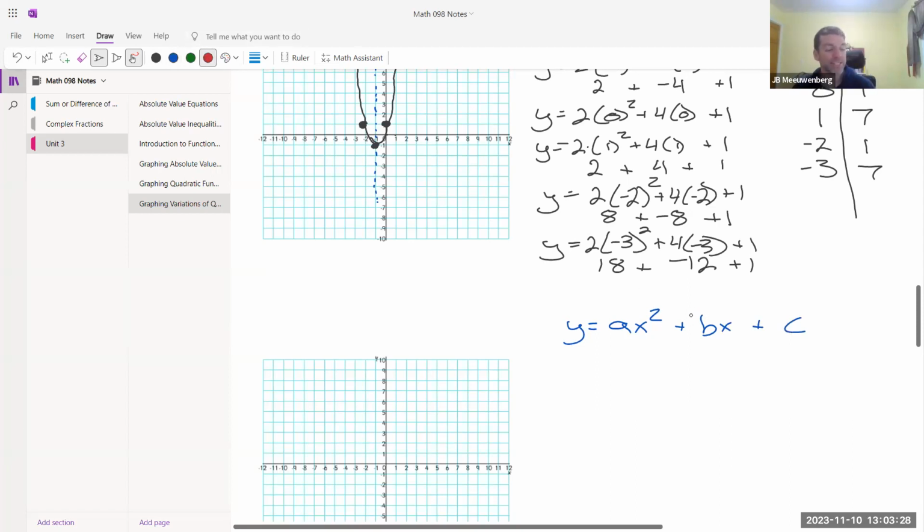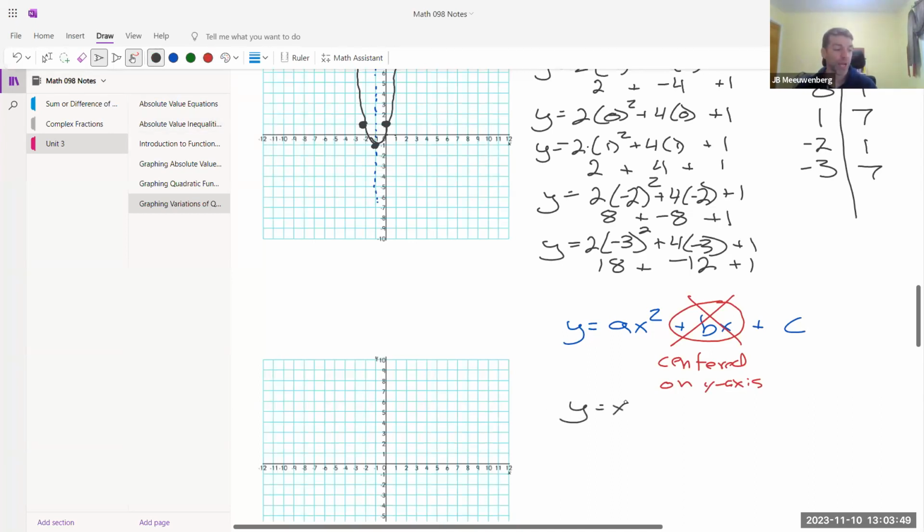If there is not a term for the x, if there's no b, if b is 0, essentially, if there's no x term, then it is going to be centered on the y-axis.